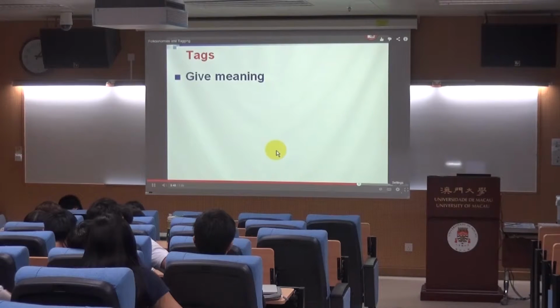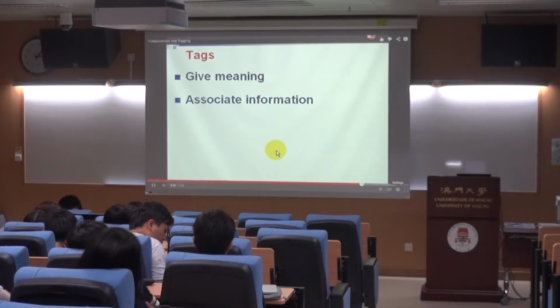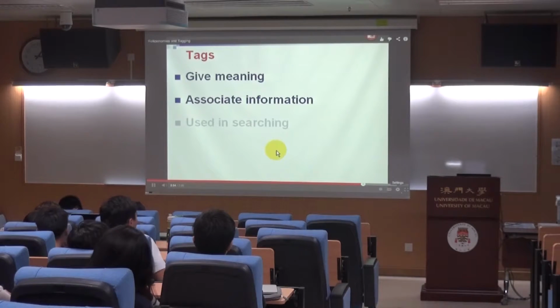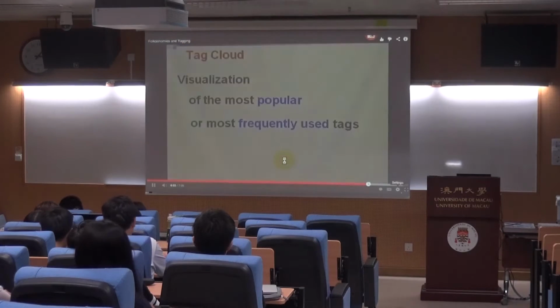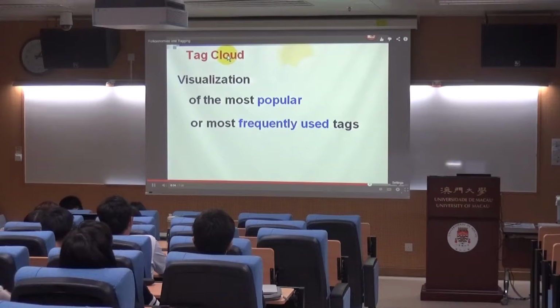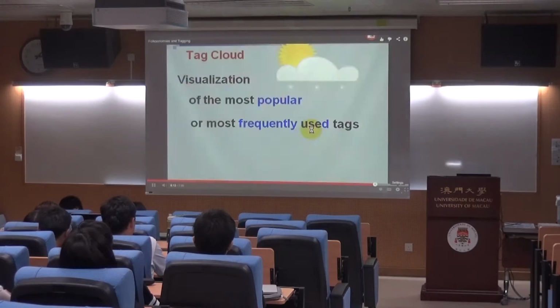So to review, the tags give meaning and associate information. They are used in searching for information, and they're easy to use and understand. A tag cloud is a visualization of the most popular or most frequently used tags.